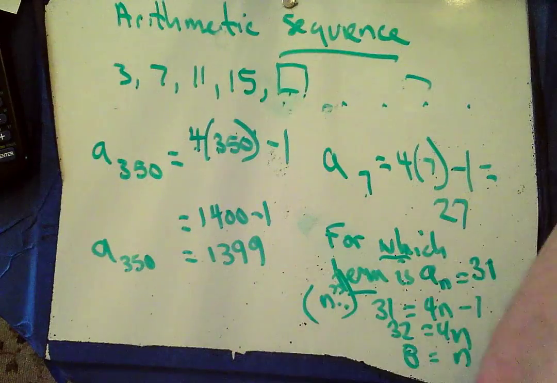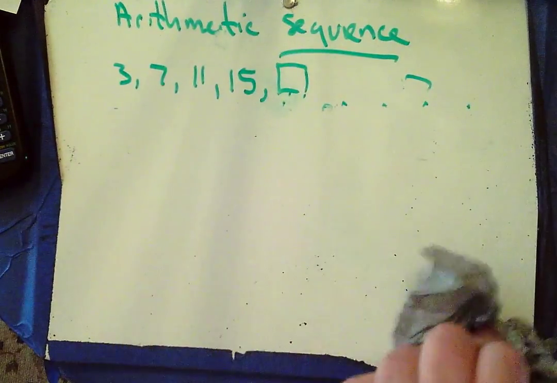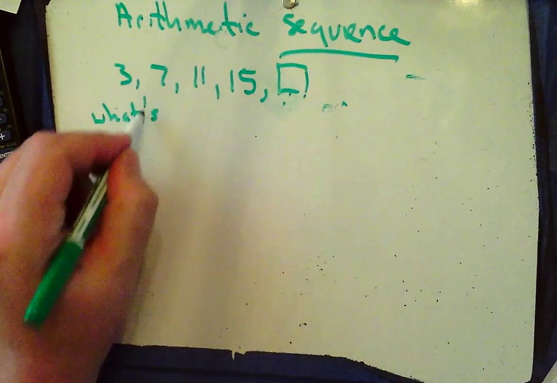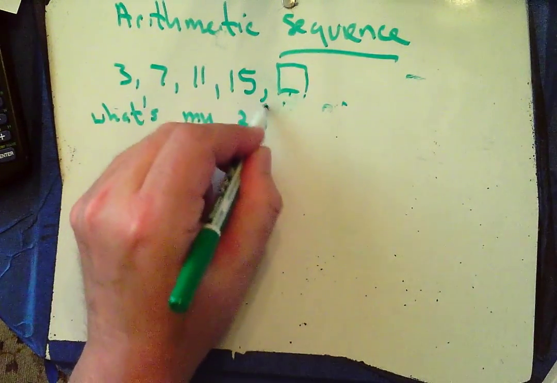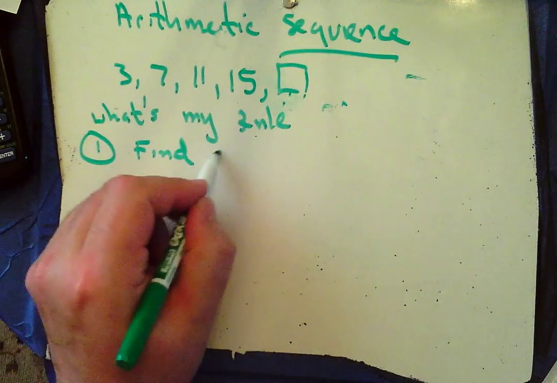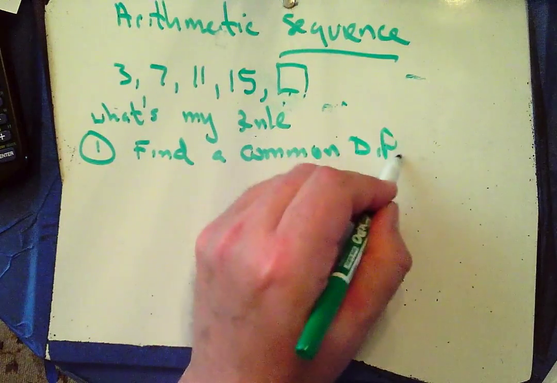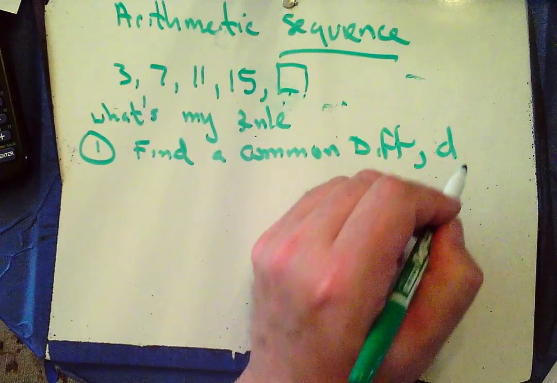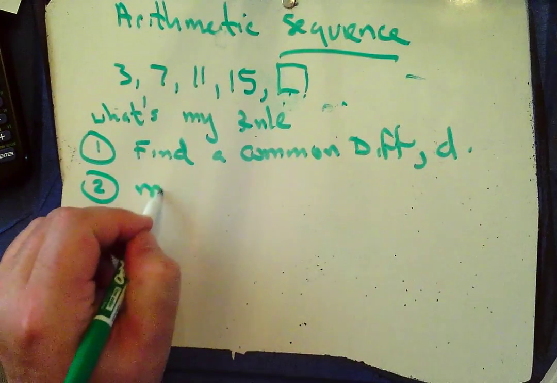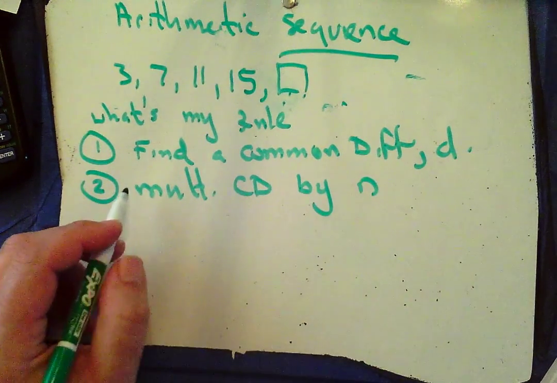term. Okay, so we've talked about a lot of stuff here, including how do I build a rule. Well, in certain cases, what's my rule? Step 1, I can find a common difference, and we call that d, by the way. Step 2, I'm going to multiply the common difference by n.